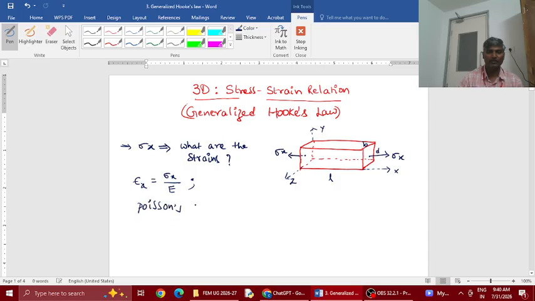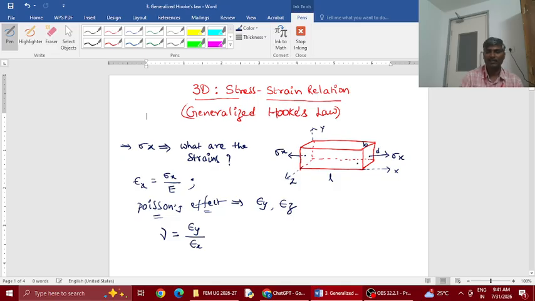So because of Poisson's effect, there is a strain in y, also strain in z. Though there is no stress in z direction, you have strain because of Poisson's effect. What Poisson's effect says is that the Poisson's ratio is equal to lateral strain by longitudinal strain.